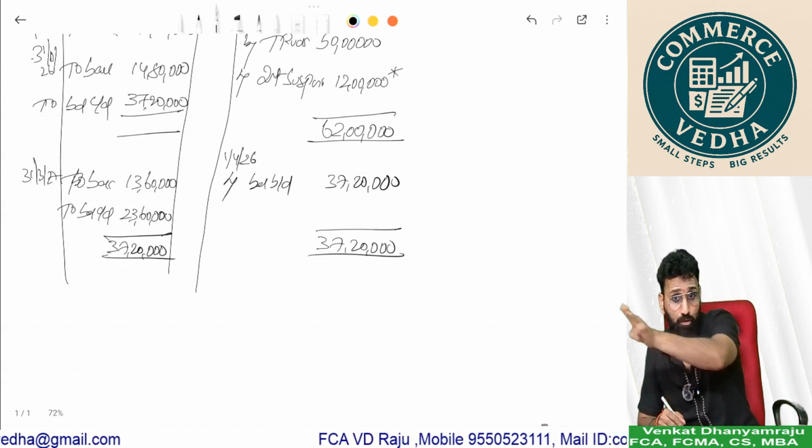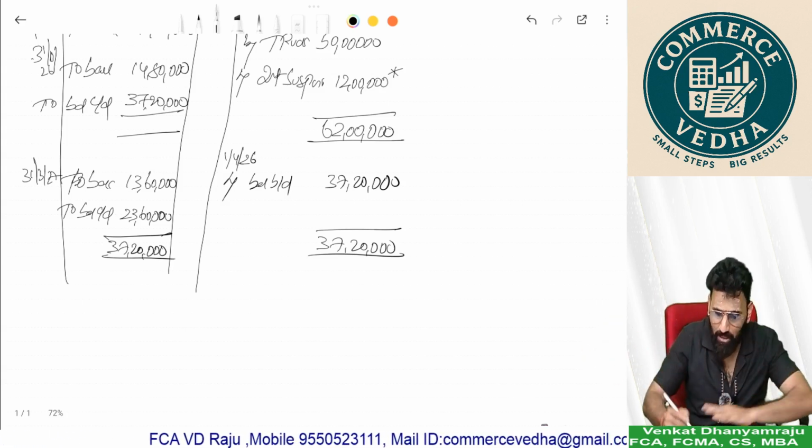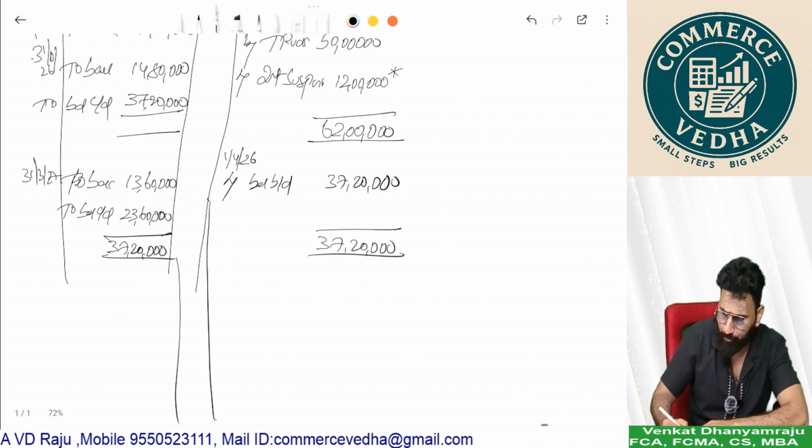Third year 240, fourth year 120. So everything is shown here.